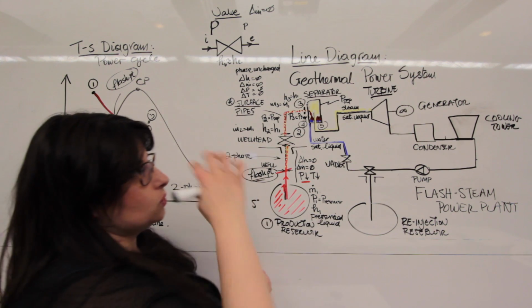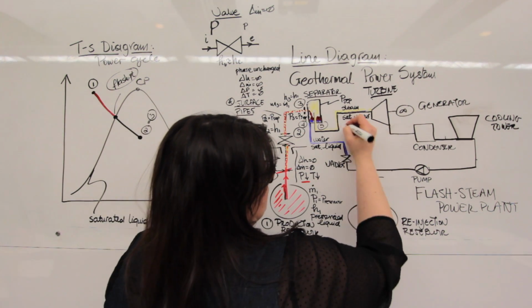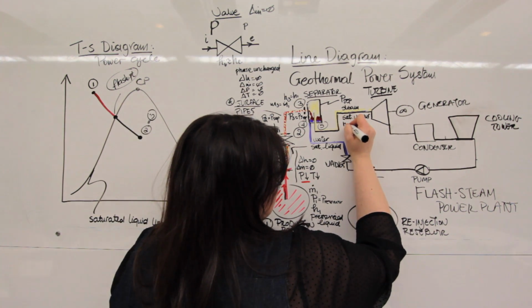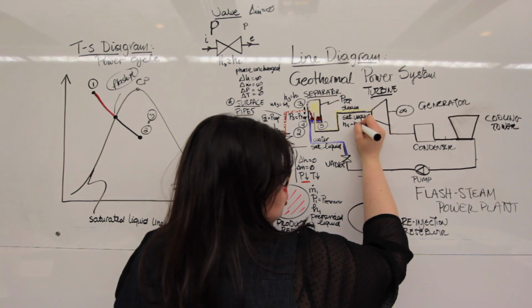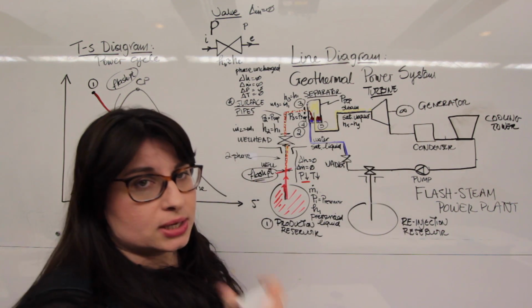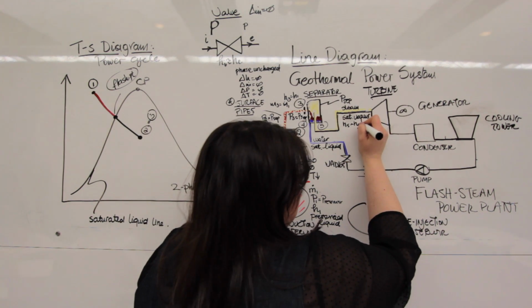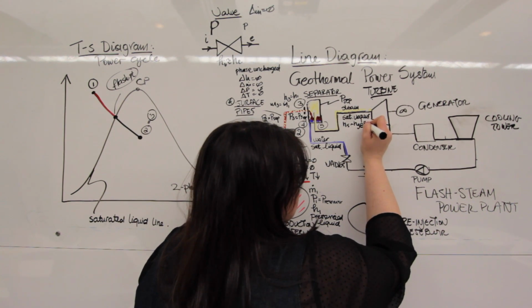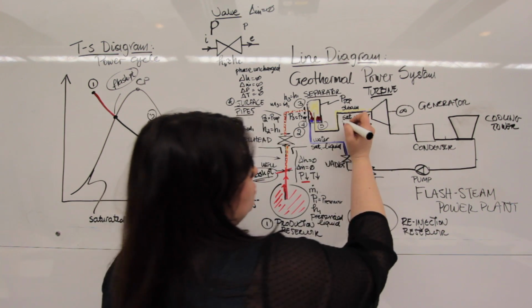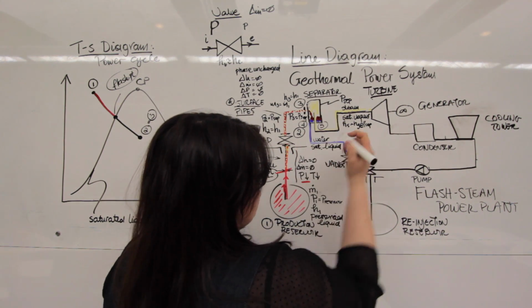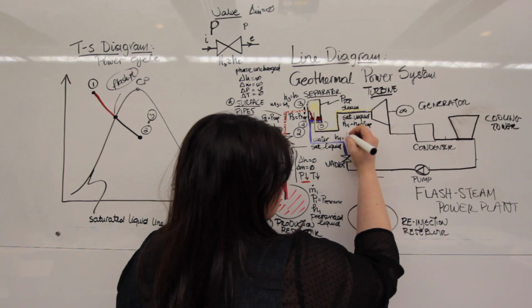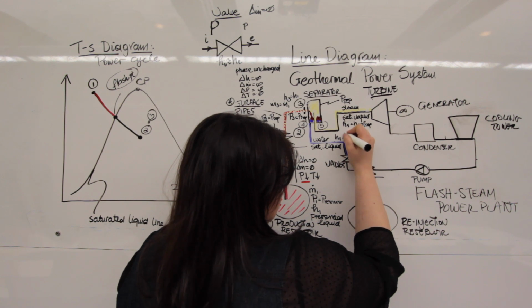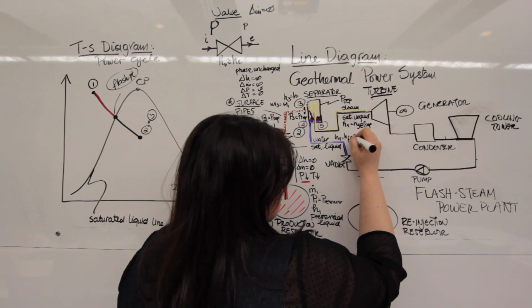So the enthalpy, H5, for example, will be equal to Hg, because we're talking about saturated vapor, at P sep. While on the water line, the enthalpy, so H4, will be equal to Hf at P sep.